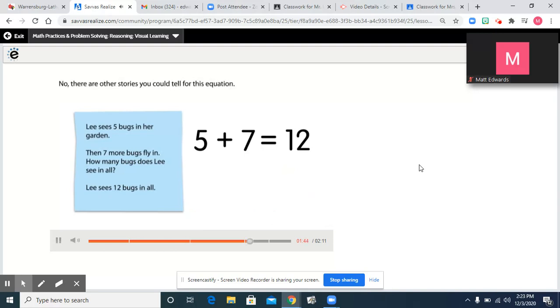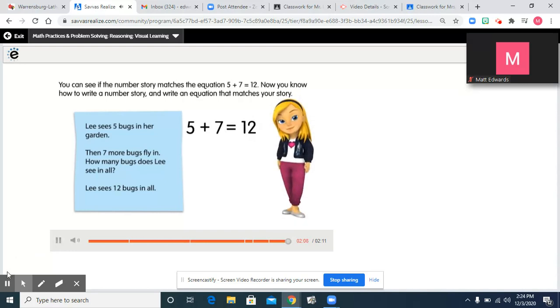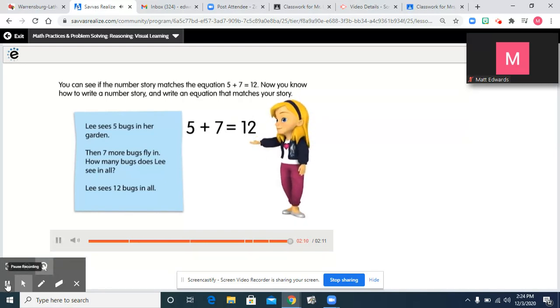No, there are other stories you could tell for this equation. 5 plus 7 equals 12. Lee sees 12 bugs. How could you check the story? You can see if the number story matches the equation 5 plus 7 equals 12. Now you know how to write a number story and write an equation that matches your story.